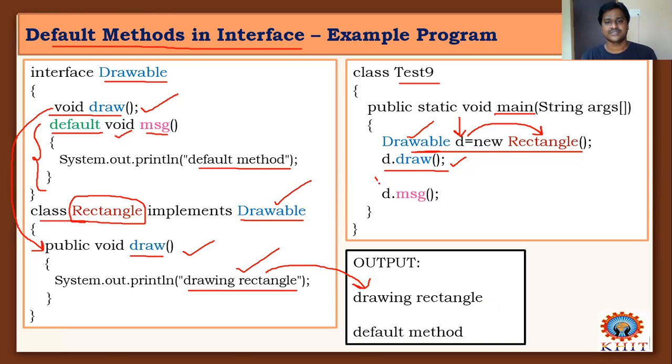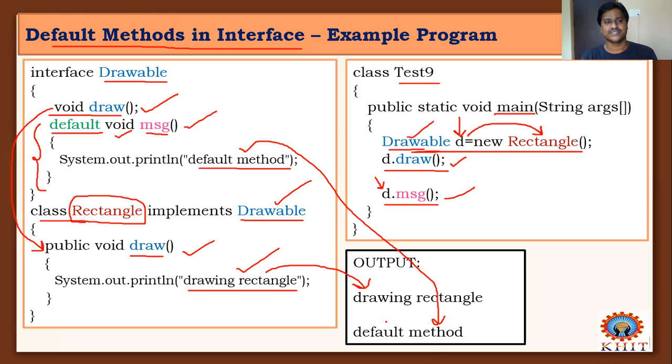Using this reference variable d of the interface Drawable, we can access the methods defined in the interface. Simply we can call d.msg, which is invoked by this reference variable of the interface. Then it simply displays that message on the screen as this default method. So it is allowed and it is possible, right?